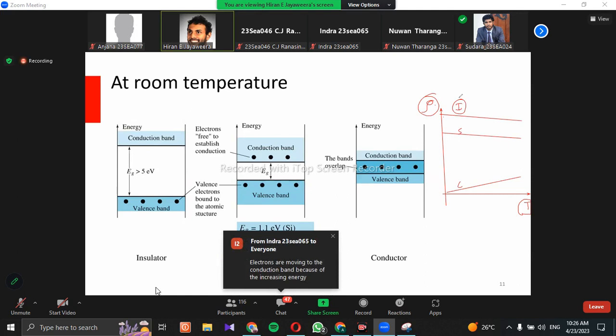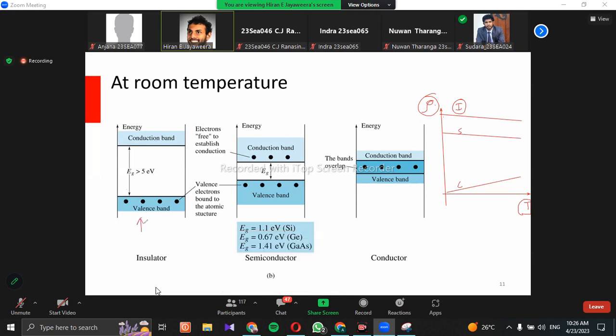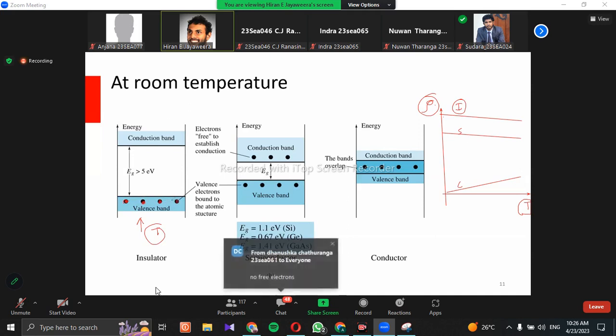There are a few answers, so let me explain this one now. When you heat this up, that means when you increase the temperature, what happens to the energy of these electrons? Will it increase or decrease? That will increase, right?